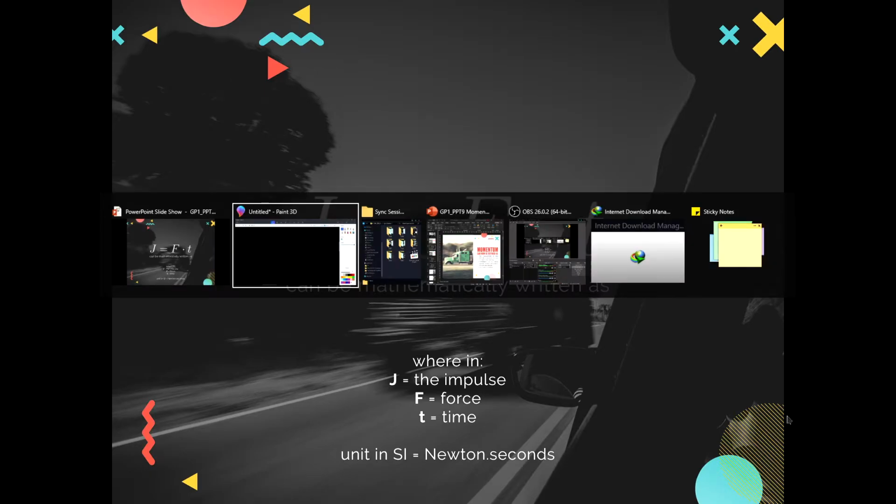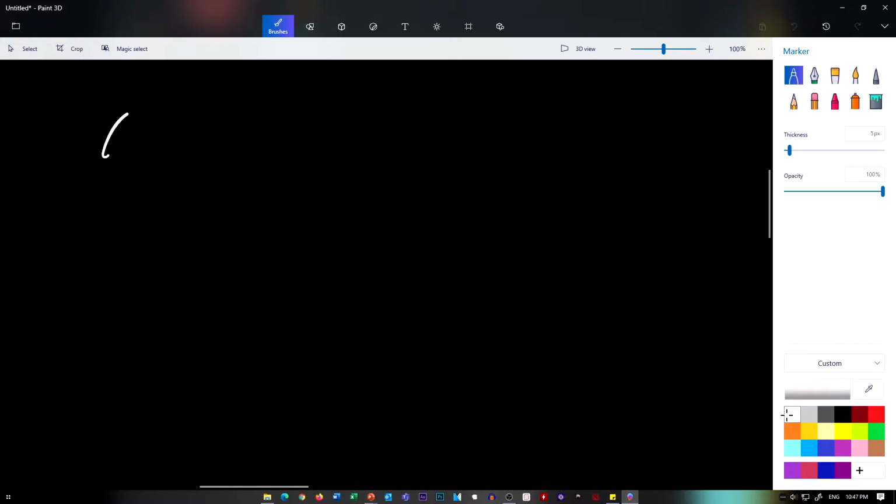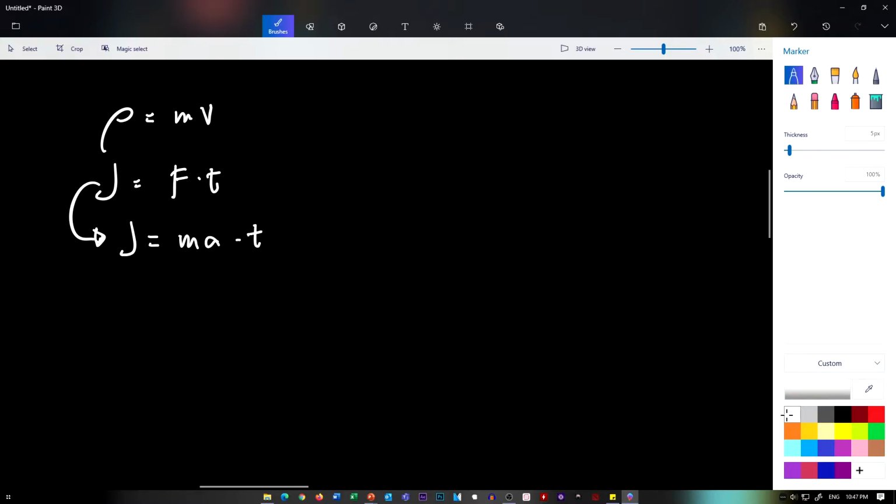So I'm going to show you something. Knowing that this is mass times velocity, and J is force times time, since we're going to derive this, I'm going to show you that you can rewrite J as force, which is mass times acceleration, multiplied by time. And acceleration can be written as velocity over time, multiplied by time.